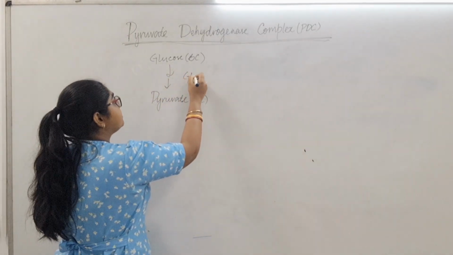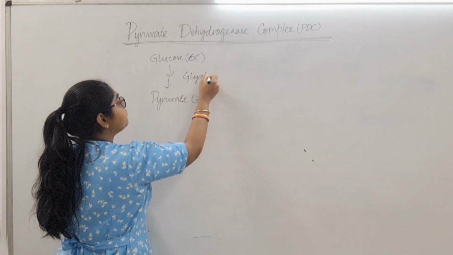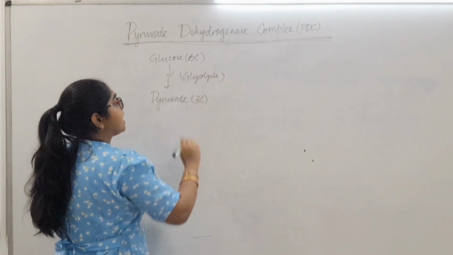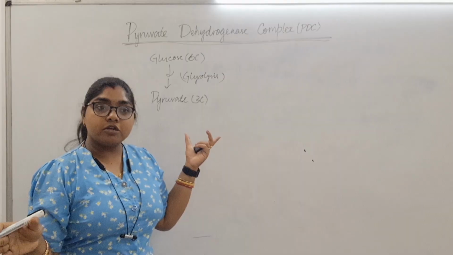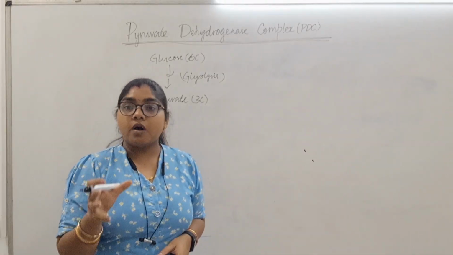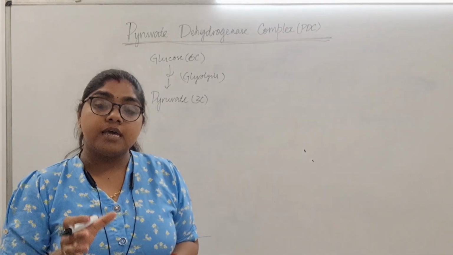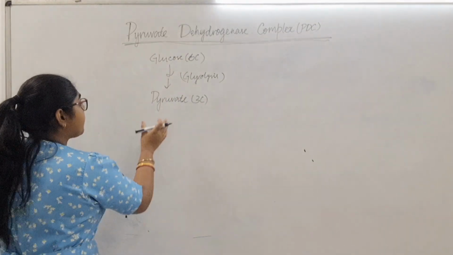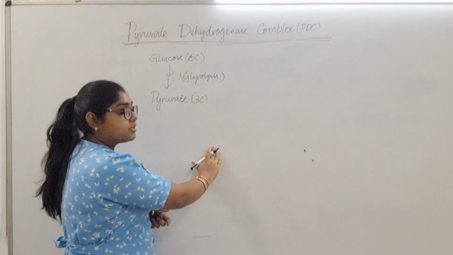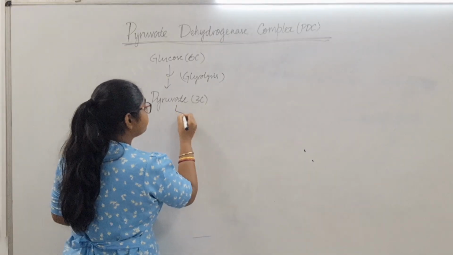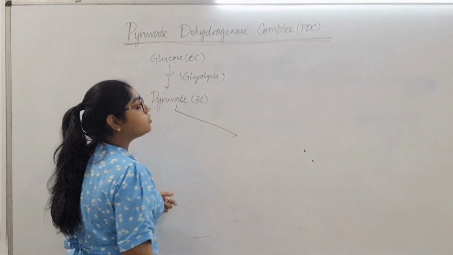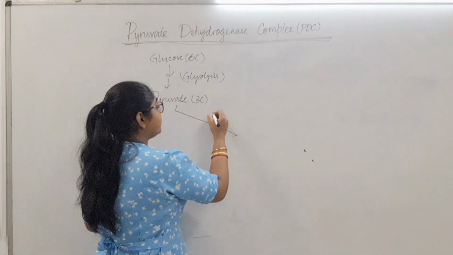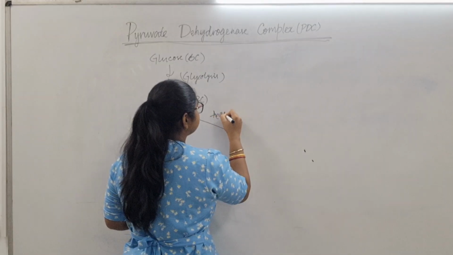But after that, this pyruvate produces different products depending on the requirement of our body and the presence of oxygen. So first we will see when there is no oxygen, that means in anaerobic condition.